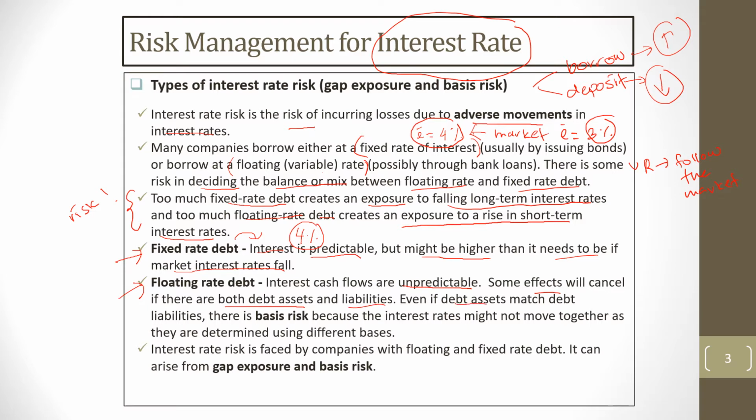Even if debt asset match debt liabilities, there is basis risk because the interest rates might not move together as they are determined using different bases. Okay, so ini yang dimaksudkan dalam floating rate debt. So the interest rate risk is faced by the company with floating and fixed rate debt. It can arise from gap exposure and basis risk.